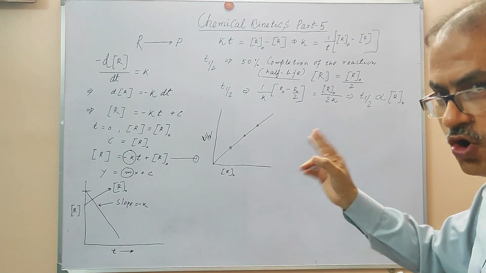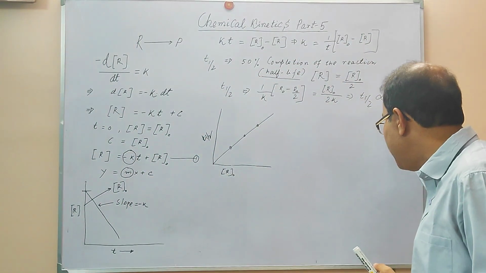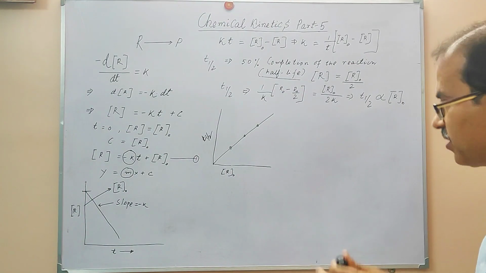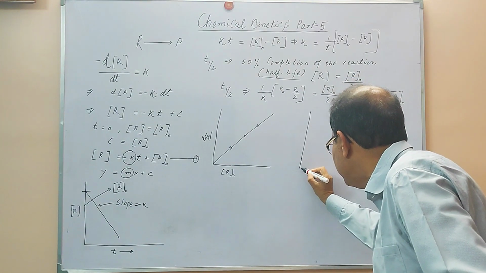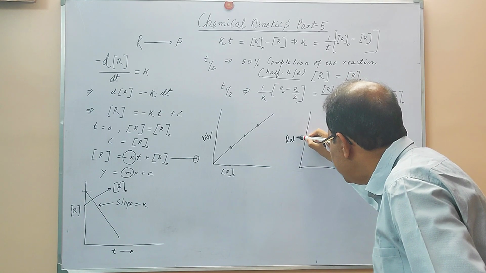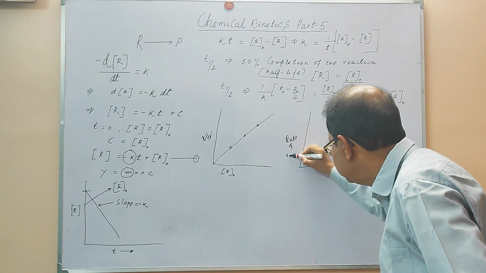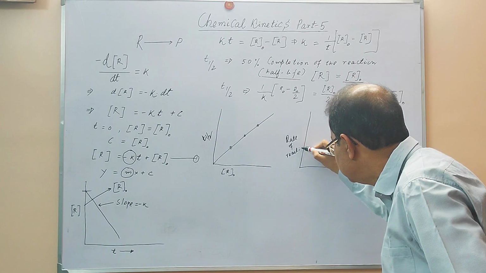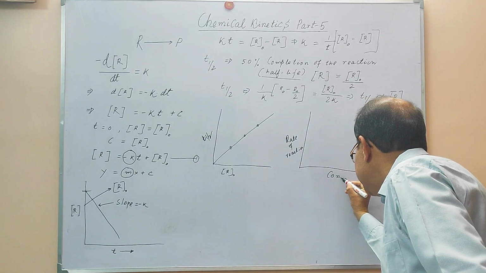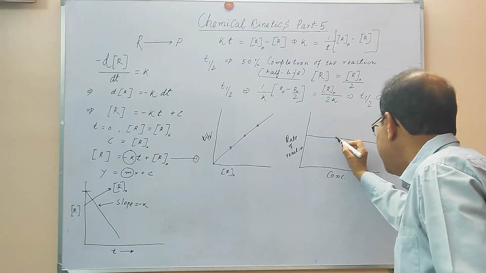So we get two plots here. One is concentration versus time, and another is t half versus initial concentration. And now one more curve: we want to see what will be the rate of the reaction with the concentration.